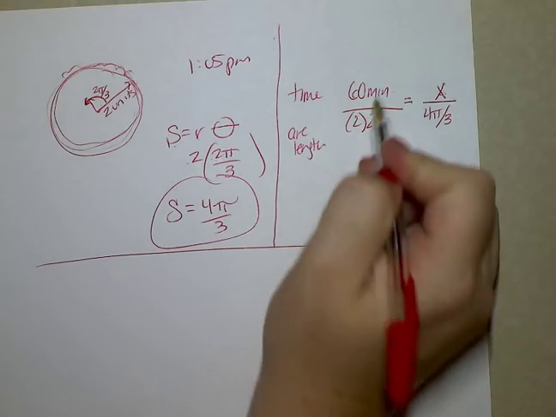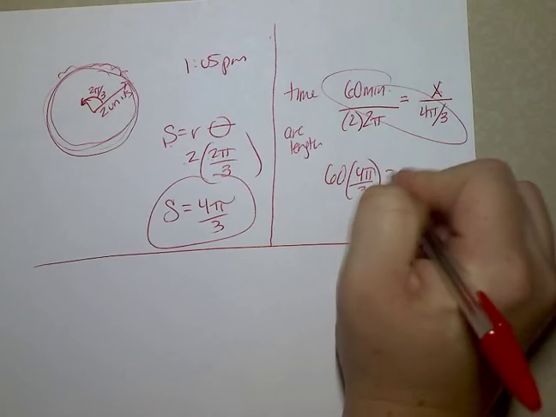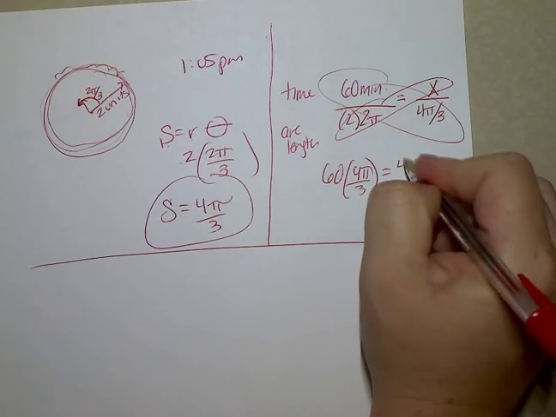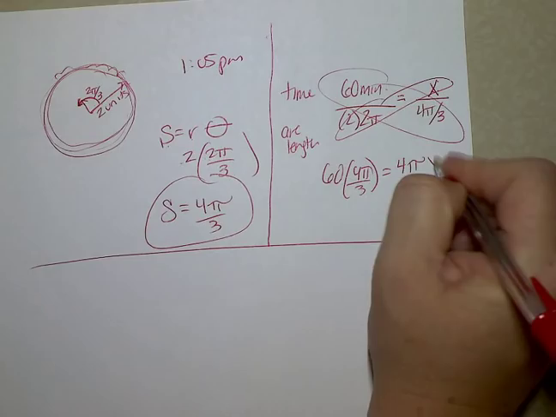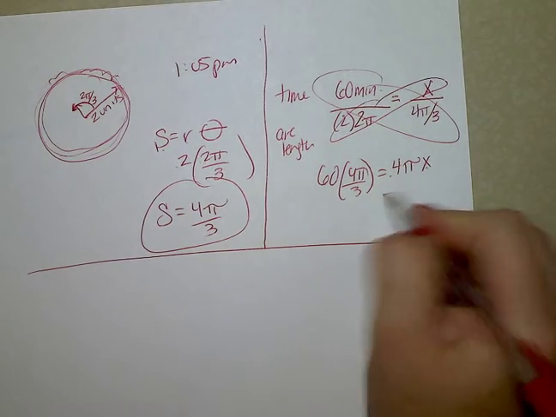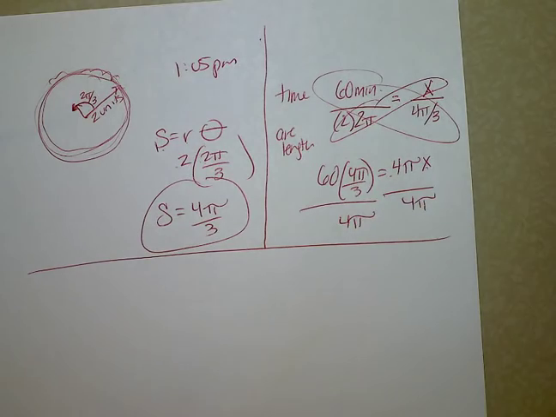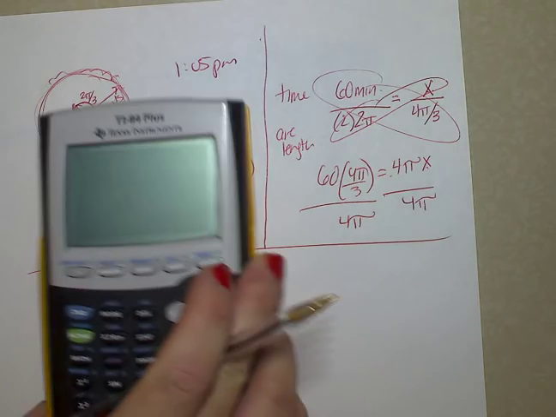So I'm going to cross multiply. 60 times 4 pi over 3 equals 4 pi x. I'm going to divide by 4 pi to isolate the x. Remember, we're not going to use 3.14. We're going to use the actual pi symbol. I'm going to give you a chance to get caught up, and then we'll plug it into the calculator together.